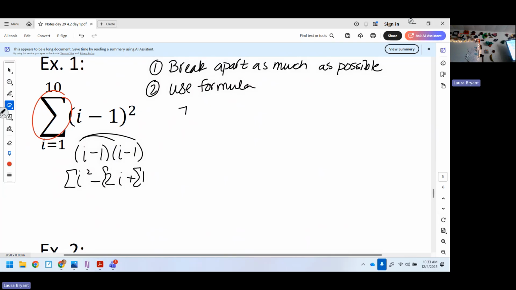So I'm going to break this apart to be summation of i squared, minus 2 summation of i, and then plus summation of 1.